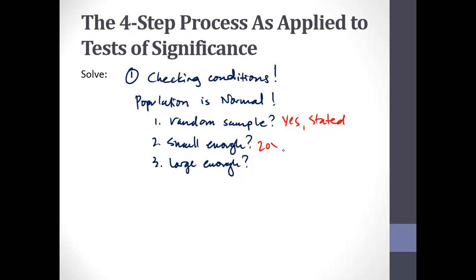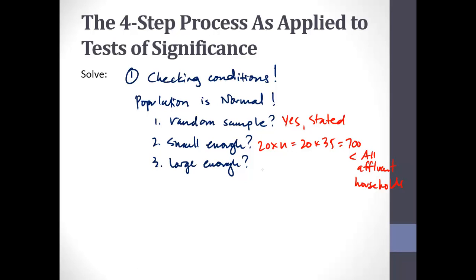Small enough: 20 times n is 20 times 35, which is 700, which is less than all affluent households. So our sample is indeed small enough.